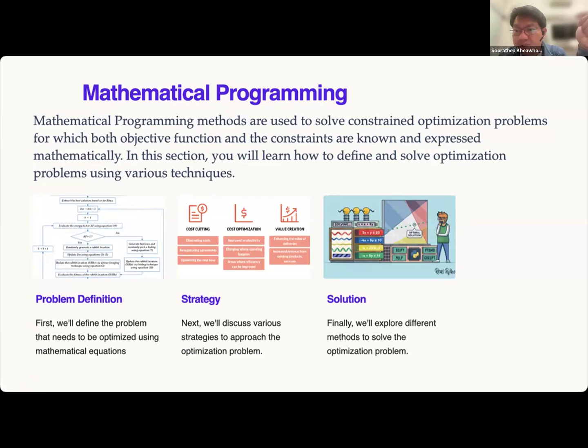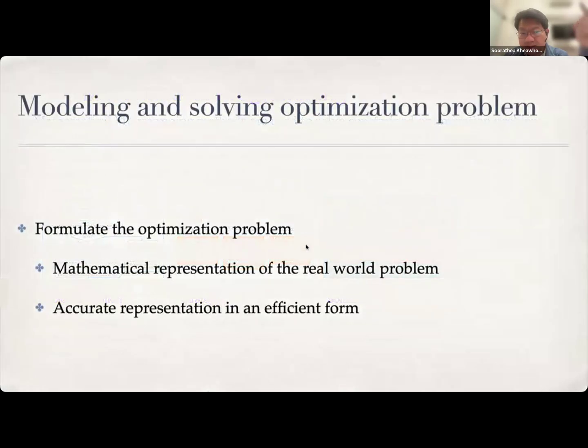And once you obtain the solution, you have to test the solution with the real world problem, not the solution to the abstract form of it. Abstract form is a kind of the optimization problem. So we need problem definition, strategy, and solution. And all these things are connected.